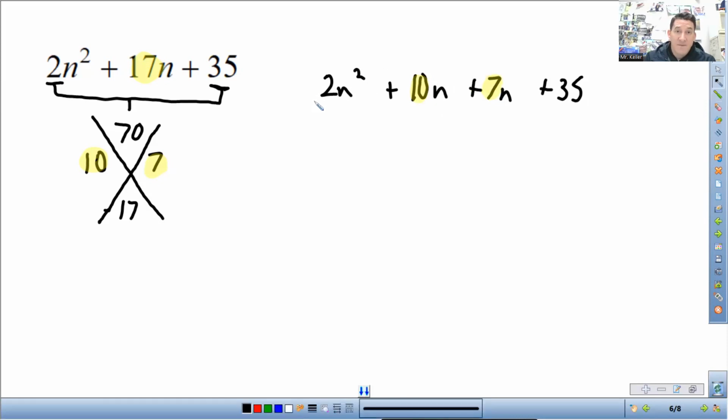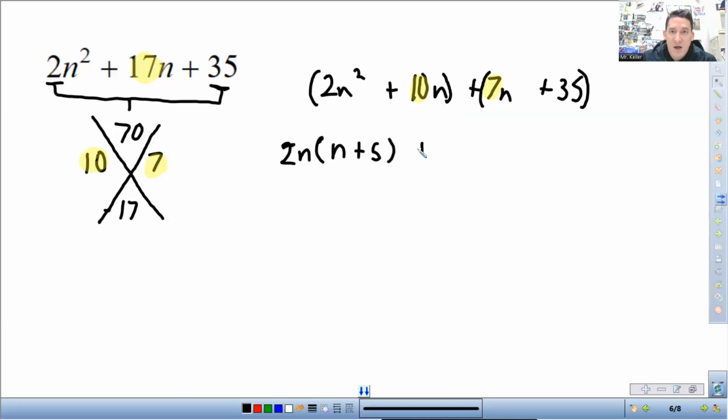All right. Factor by grouping, I'm going to group the first 2 terms together, last 2 terms together. Now, common factors here. The greatest common factor is the first one. I can take out a 2 and an n. So I'm going to have n plus 5. Plus, this one, greatest common factor between 7 and 35 is 7.